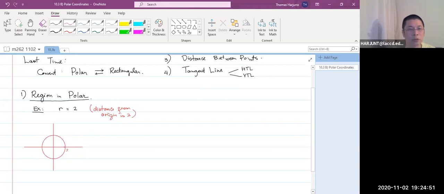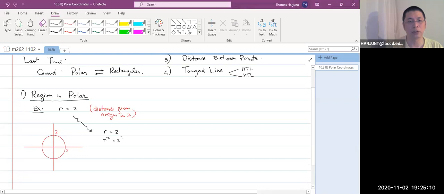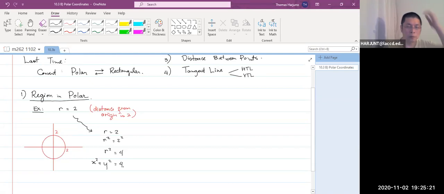Okay, the picture should look like that, right? Now then how do we show the equation from polar equation into rectangular equation? R equals to 2, so R squared equals to 2 squared, which is 4. But R squared in rectangular is x squared plus y squared equals to 4. So it actually confirms that R equals to 2 in polar represents a circle with radius 2 in rectangular.